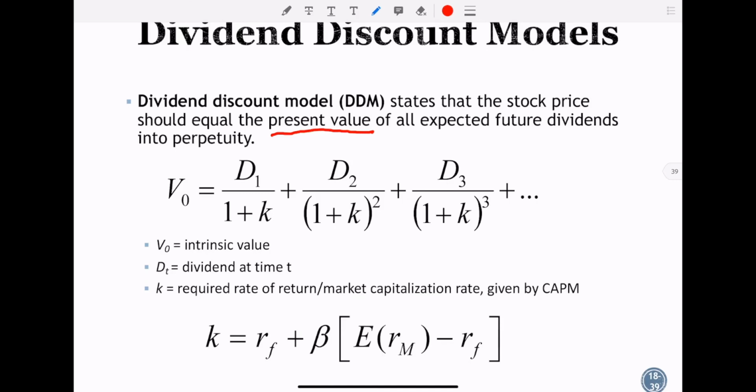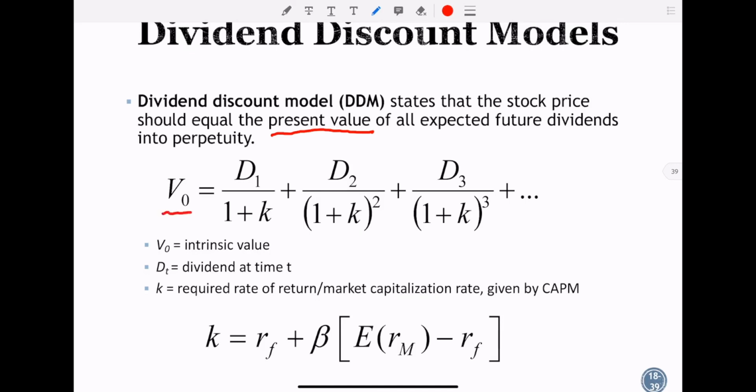What is K here? K is essentially a discount factor. Of course, we will talk about what this discount factor is about. So the dividend discount model is nothing new. You're again discounting all future dividends using a proper discount factor, right?